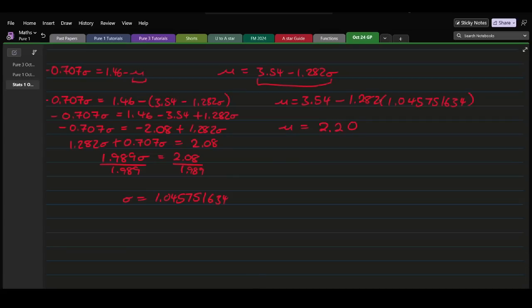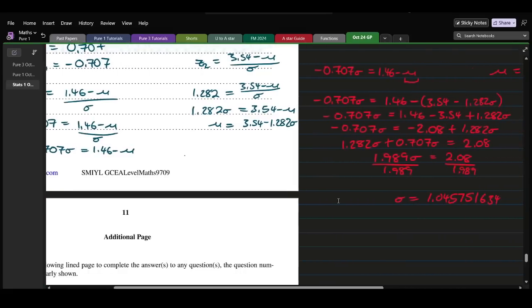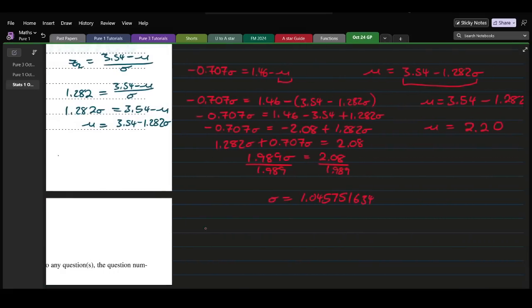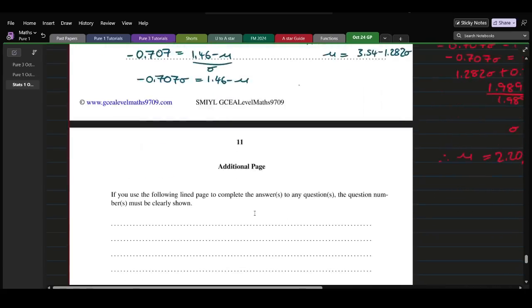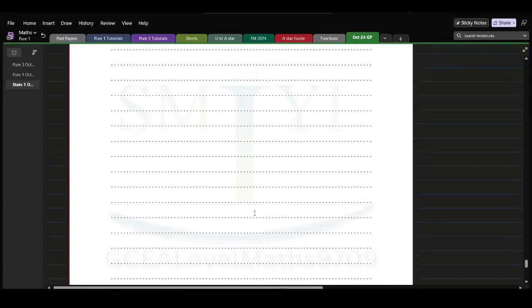So we could conclude that mu is equal to 2.20 and sigma is equal to 1.05, and this is our final answer, and that is also the paper.